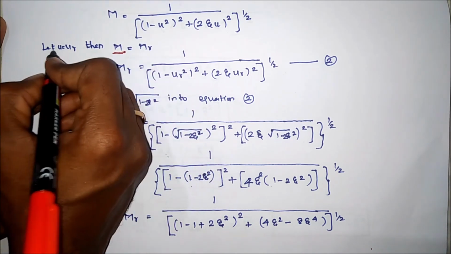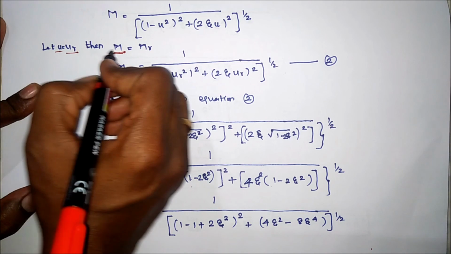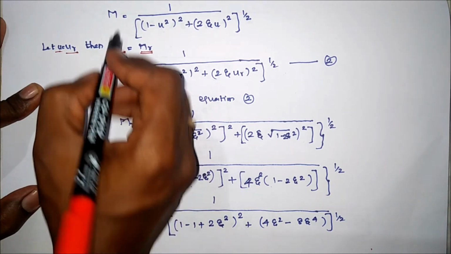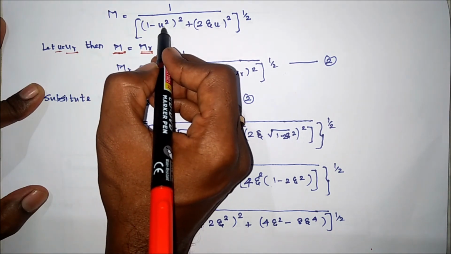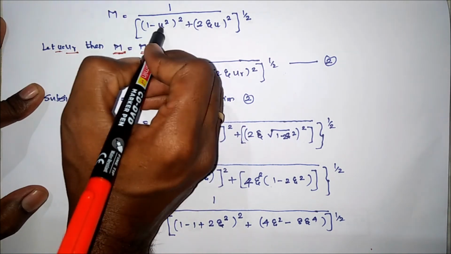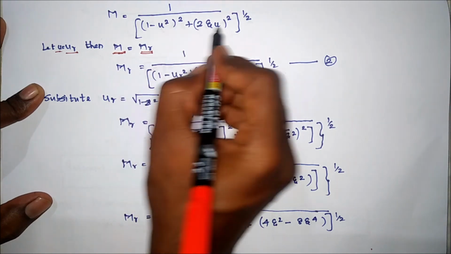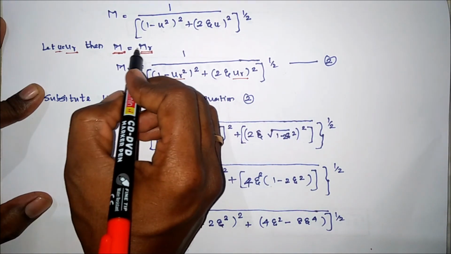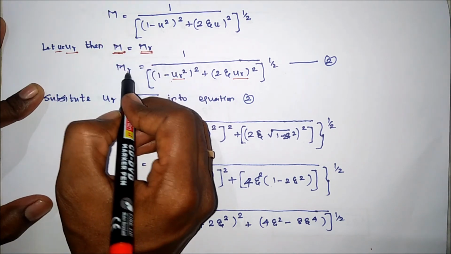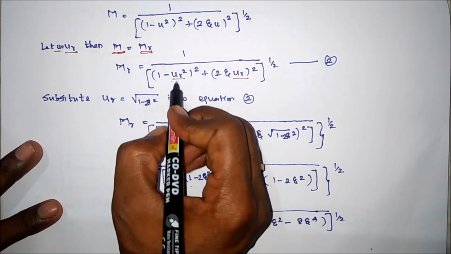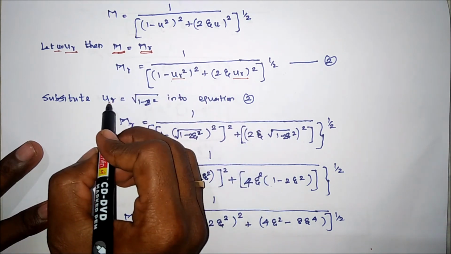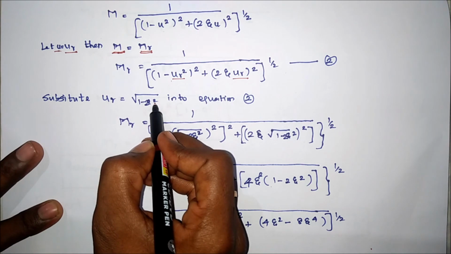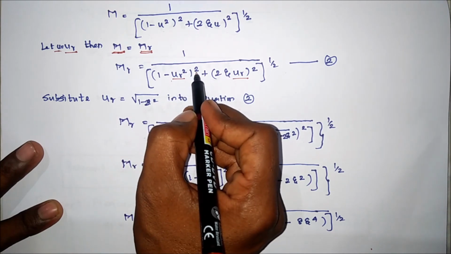So for the peak value, when we substitute u equal to ur, m will become the maximum value, it means mr. Therefore we have to substitute ur for u in the entire expression, so automatically this m will become mr. We know ur equal to square root of 1 minus 2 eta square. Into this equation we have to substitute.